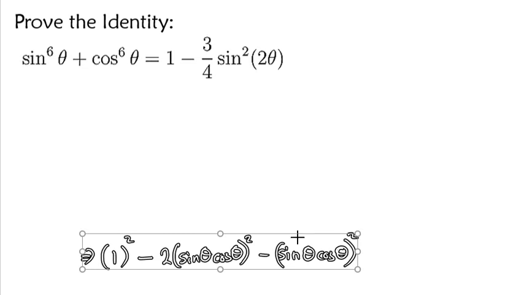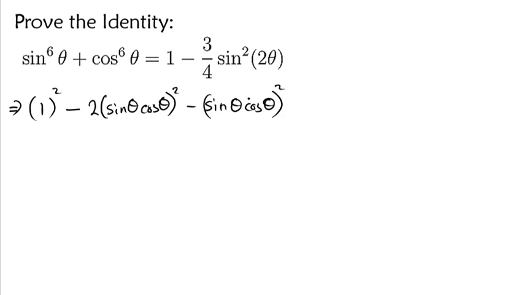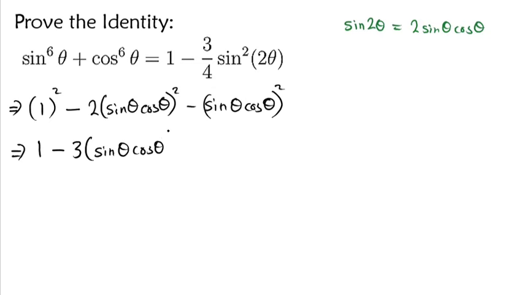Now, how does this simplify to the expression that is required? We need the double angle identity for sine. The double angle identity for sine looks like this: sine 2 theta is equal to 2 sine theta cos theta. These two are like terms. So first of all, put them together. 1 squared is 1 minus, these two are like terms, so this will give us 3 sine theta cos theta squared.